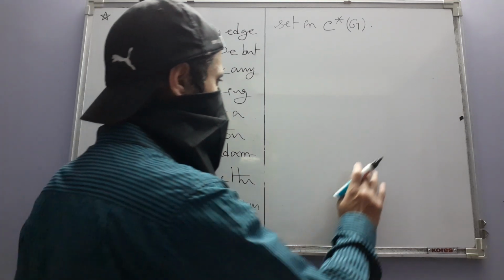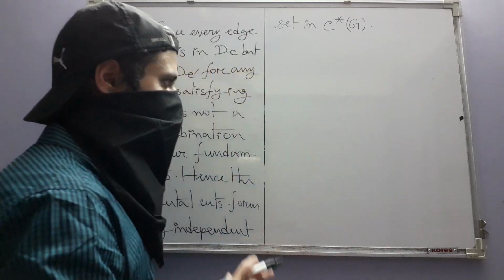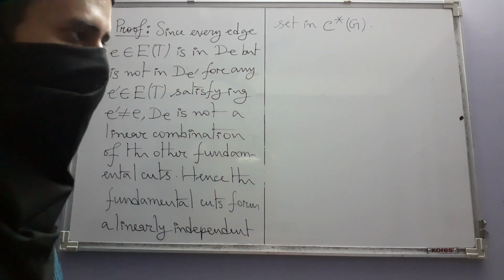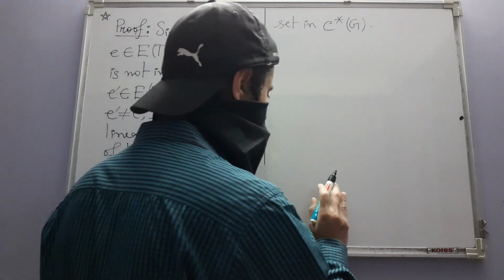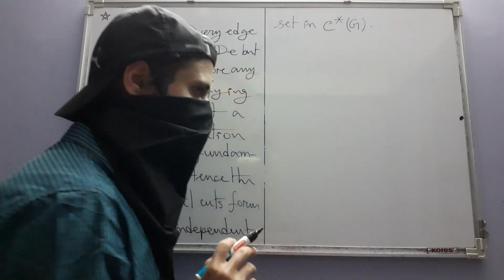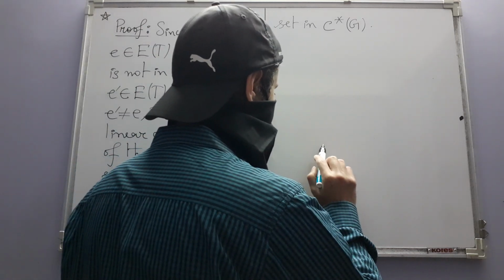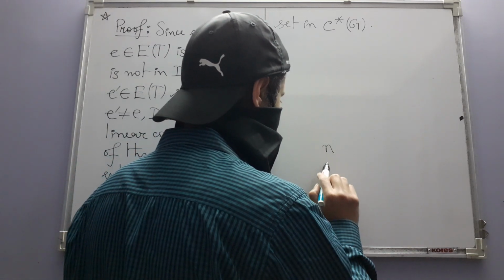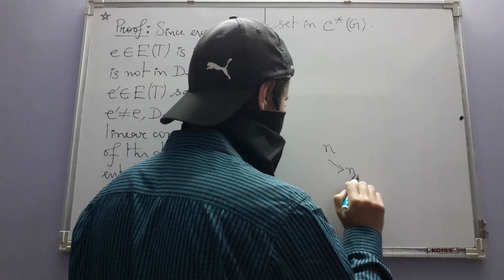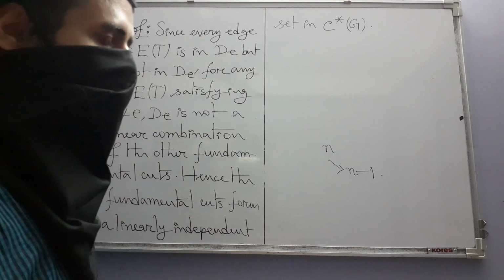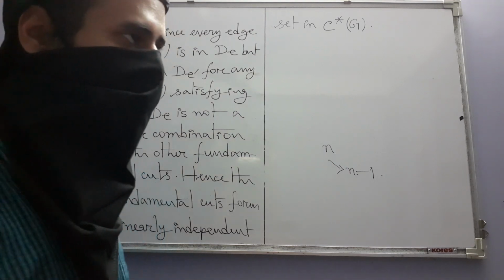So what does that mean? That requires us to know how many edges there are in the spanning tree. Now you already know from the section on trees and forests that a tree with n vertices has how many edges? N minus 1 edges. The number of edges is 1 less than the number of vertices.